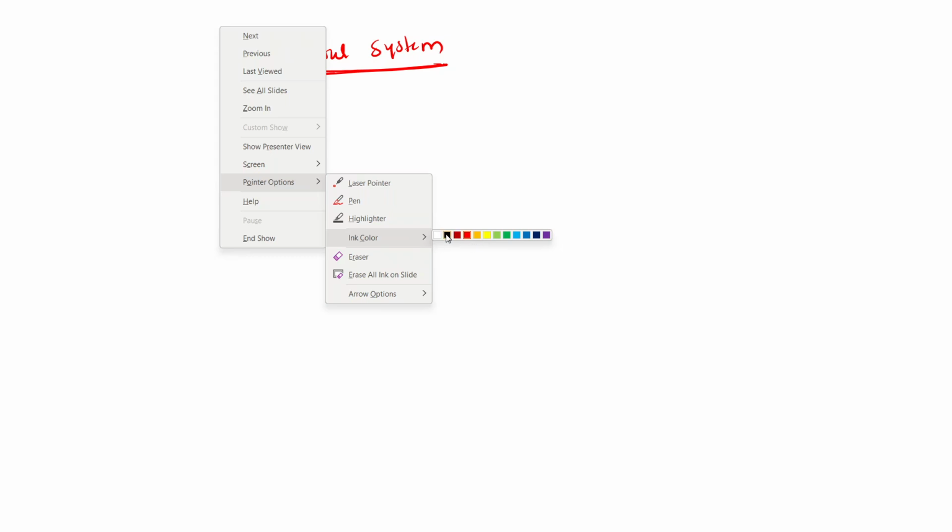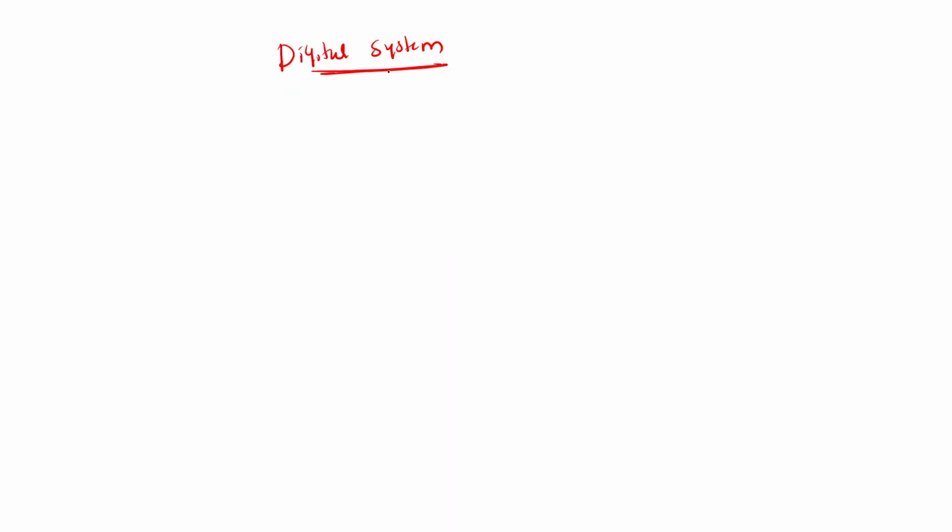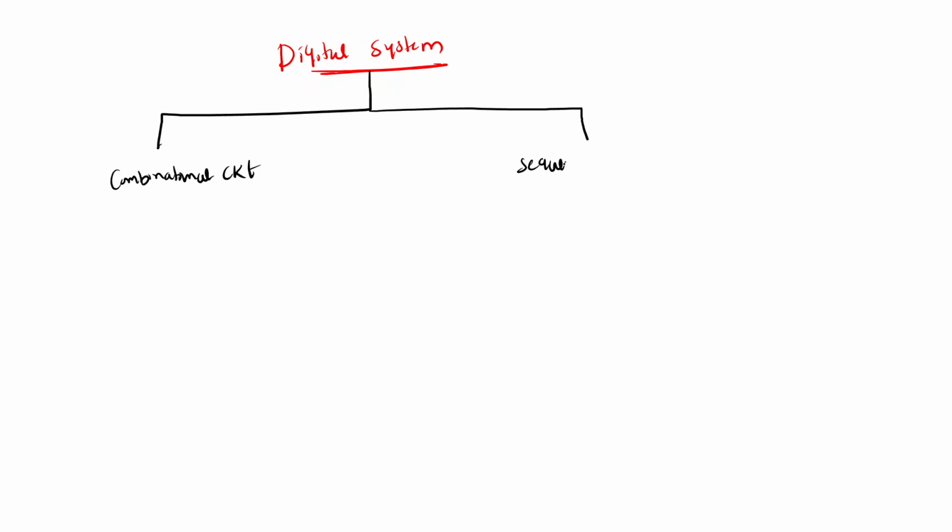A combinational circuit is nothing but what? The output depends only on the present input.